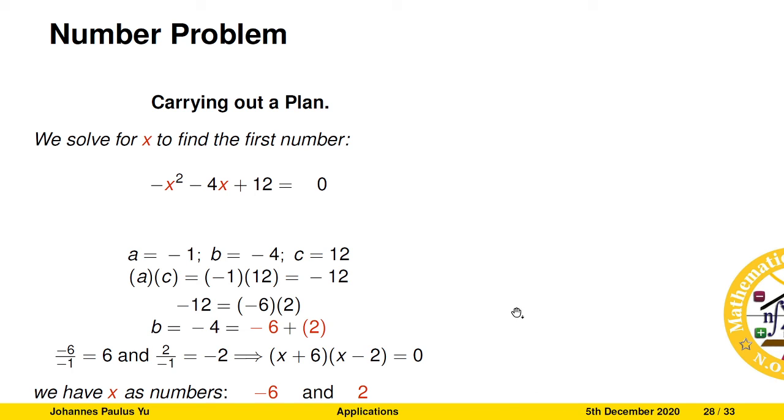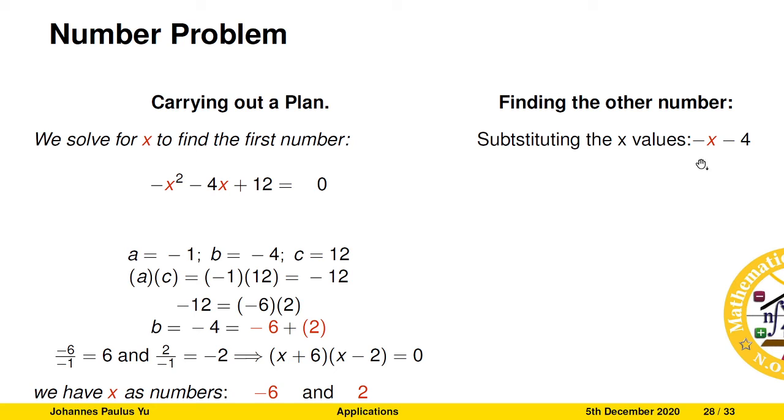So we have the numbers. Time to find the other number using negative x minus 4. If we substitute the value of x here, the value of x is still negative 6. So negative 6 minus 4 is equals to positive 6 minus 4.